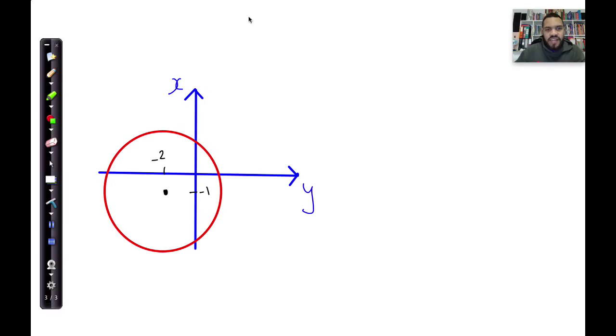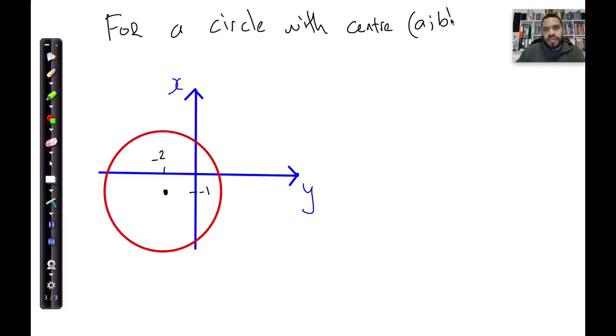Now, I'm going to say, and this is a particular note you must take down, for a circle with center A and B, the standard form, or the standard equation of a circle looks like this.